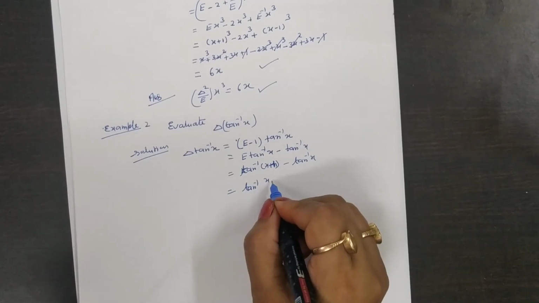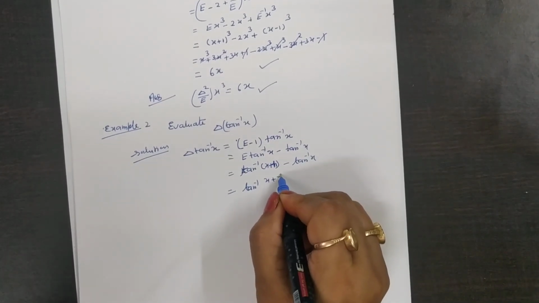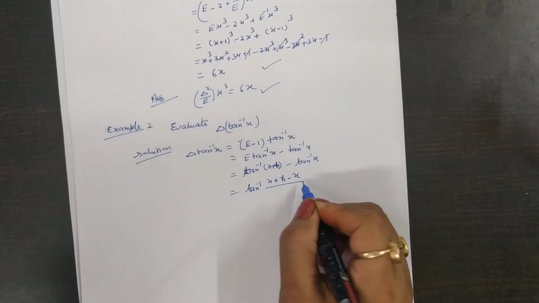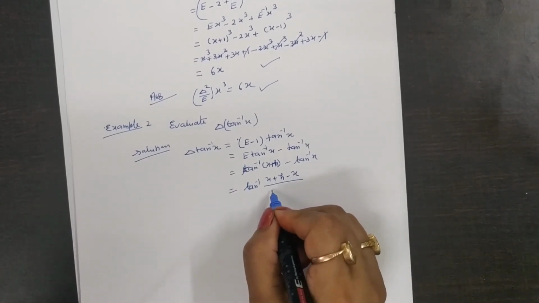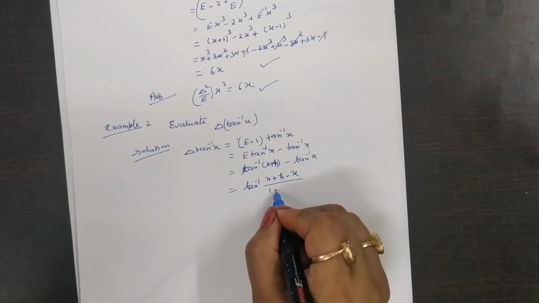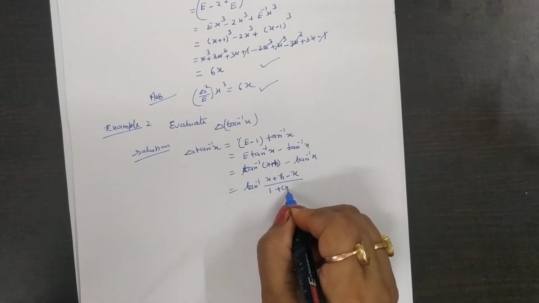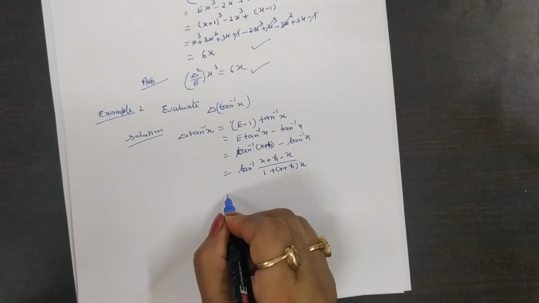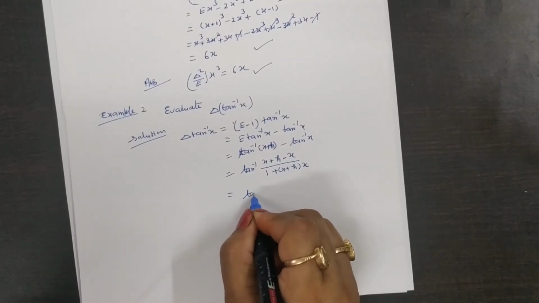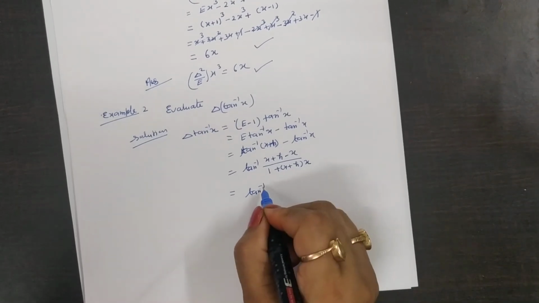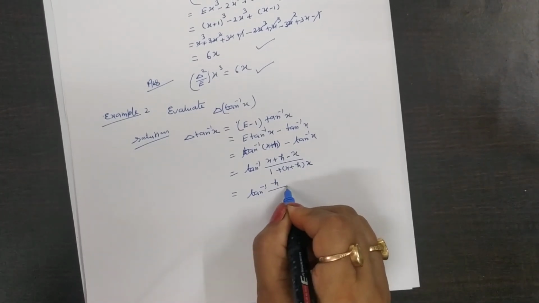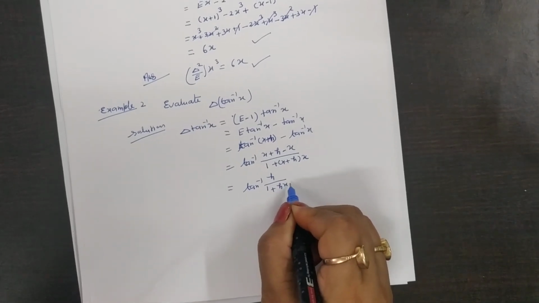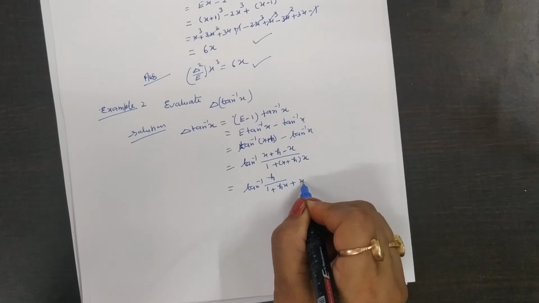So this is tan inverse of ((x plus h) minus x) divided by (1 plus (x plus h) multiplied by x), which is equal to tan inverse of h by (1 plus hx plus x square).